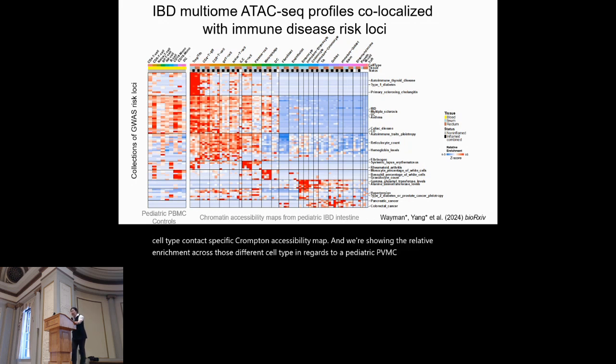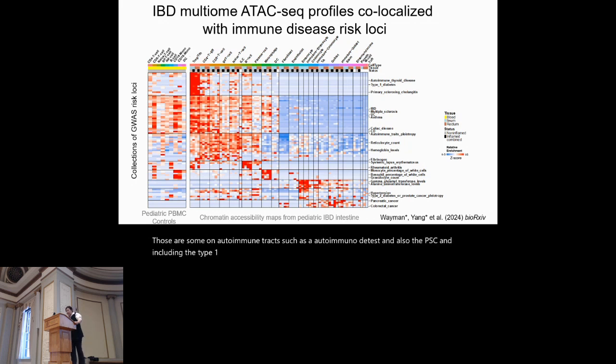There are certain patterns here. On the top cluster, we see an enrichment in particularly Treg and T follicular helper cell populations. Those are autoimmune traits, such as autoimmune disease and also PSC, and including type 1 diabetes.